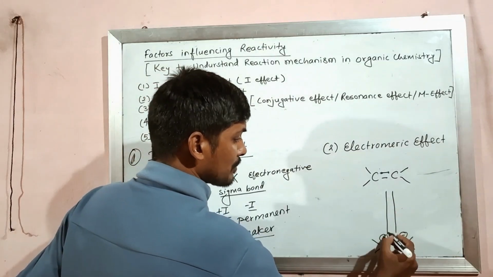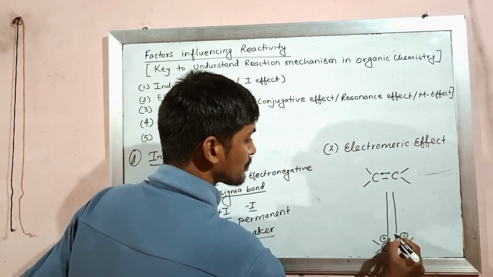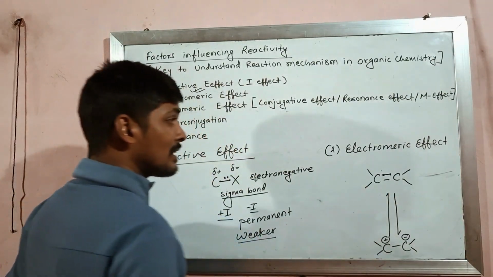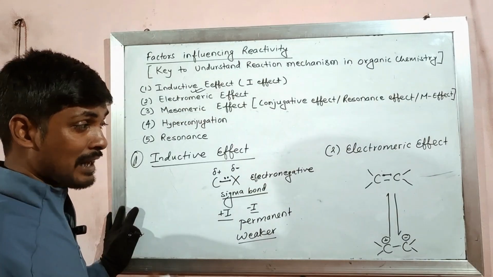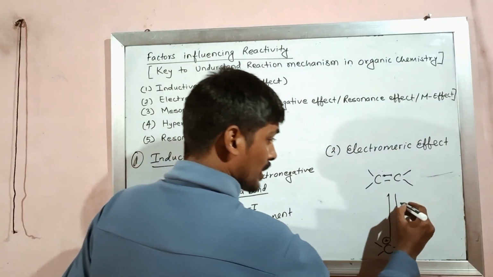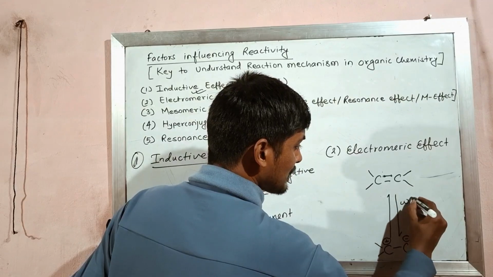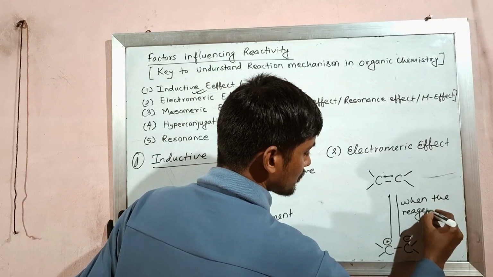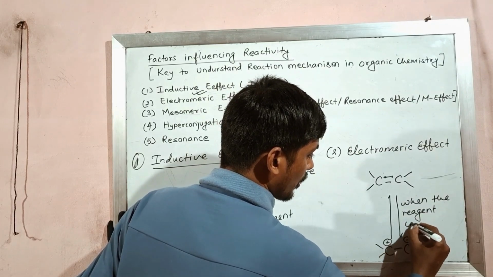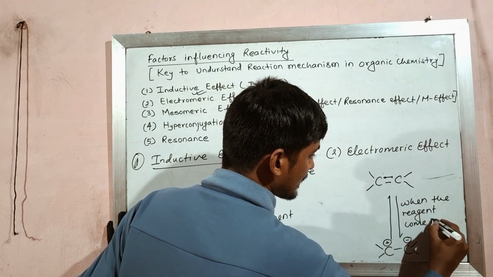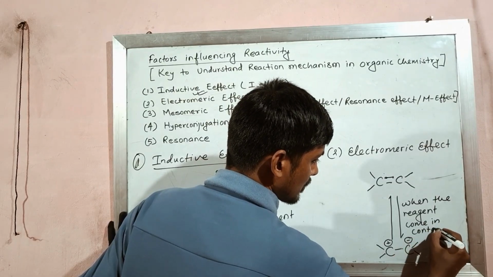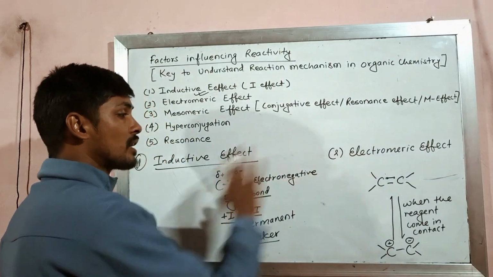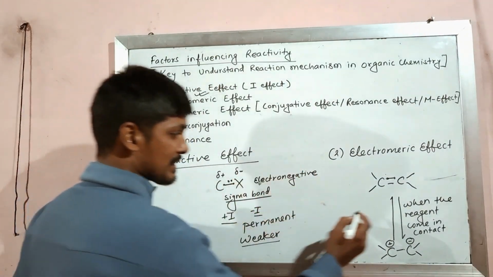This kind of effect is called electromeric effect. It is a temporary effect because it occurs only when the reagent comes in contact. But when the reagent is removed, it again comes to its original ground state.